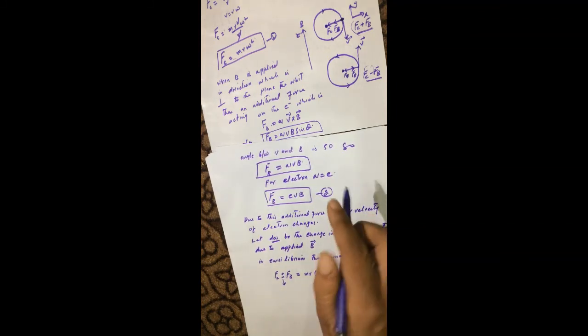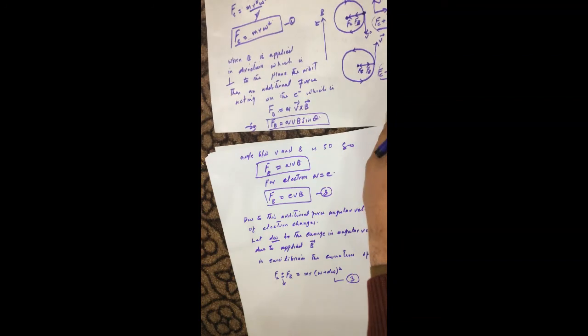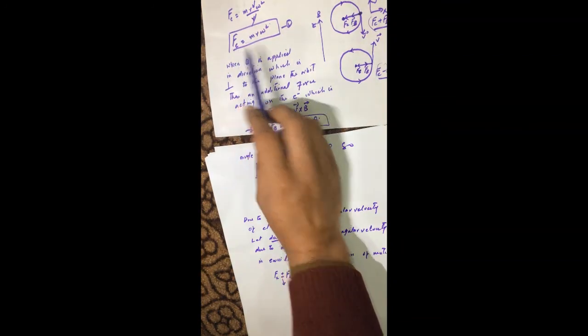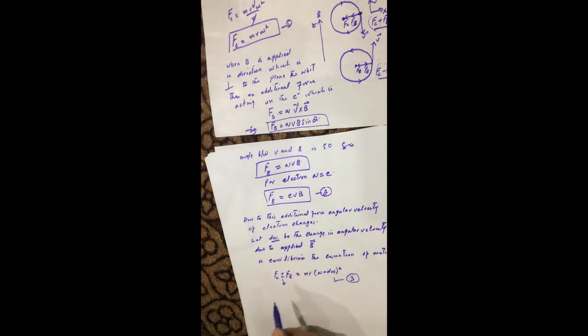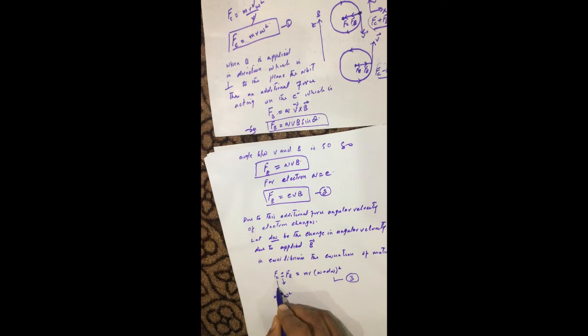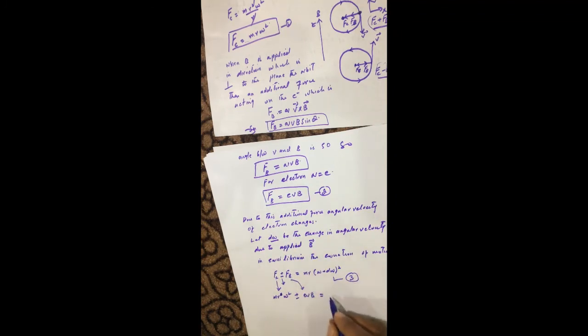Now using equations 1 and 2. Here we have equation 1, which is for the centripetal force, and here we have equation 2, which is for the magnetic force. If I put these two equations in equation 3, we have m r omega square for centripetal force, plus or minus, for magnetic force, we have EVB, is equal to m r (omega plus d omega) whole square.